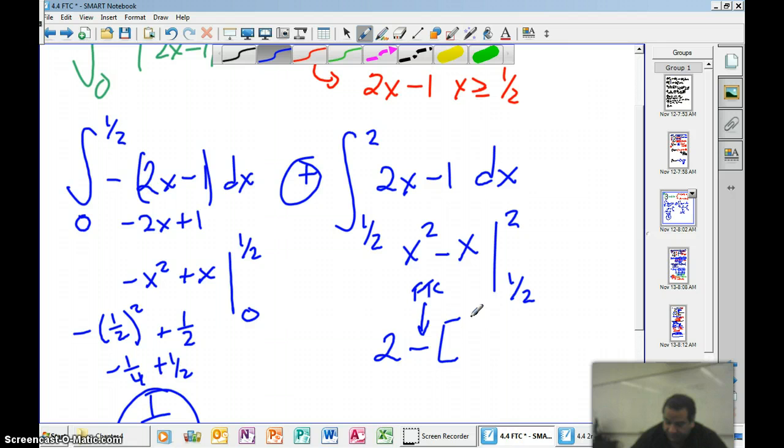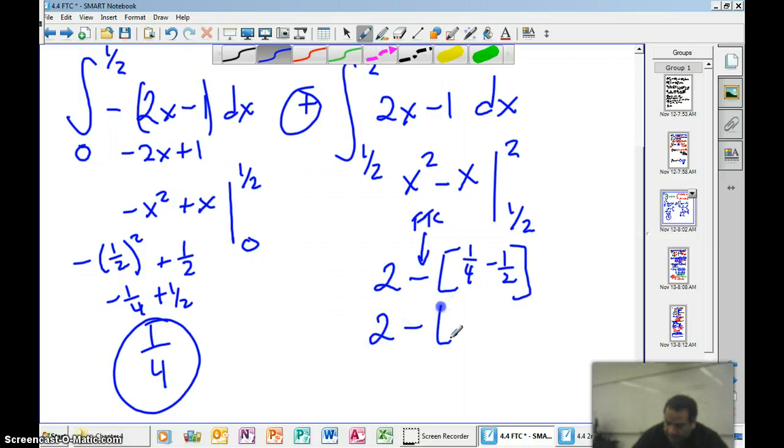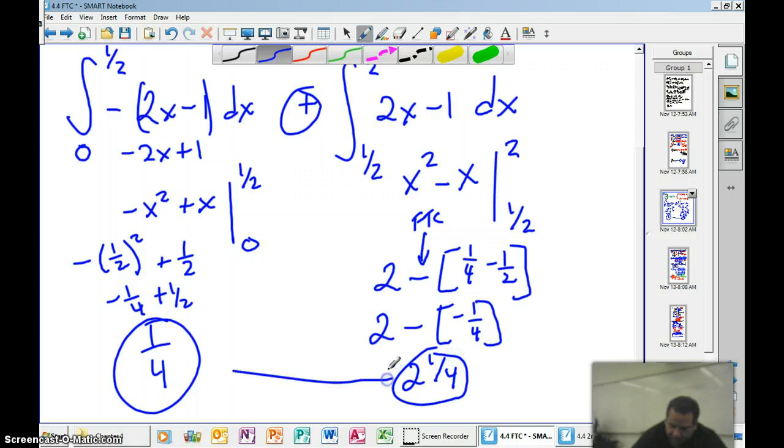I put in 1/2, I get 1/4 minus 1/2. So I get 2 minus negative 1/4, which is 2 and 1/4. Put these two together, add them, and we get 2 1/2.